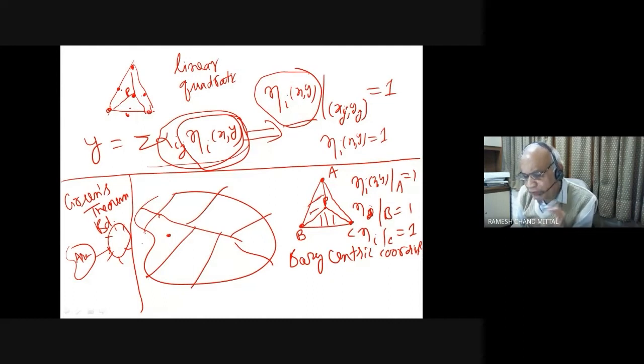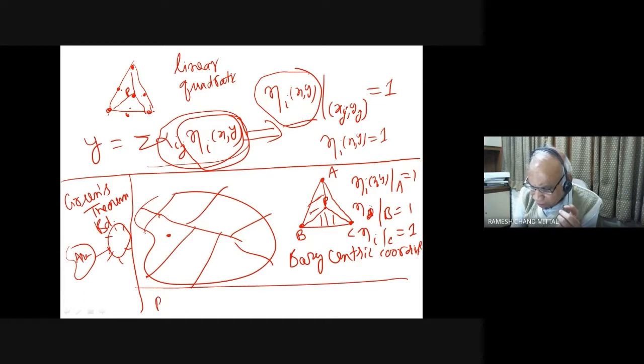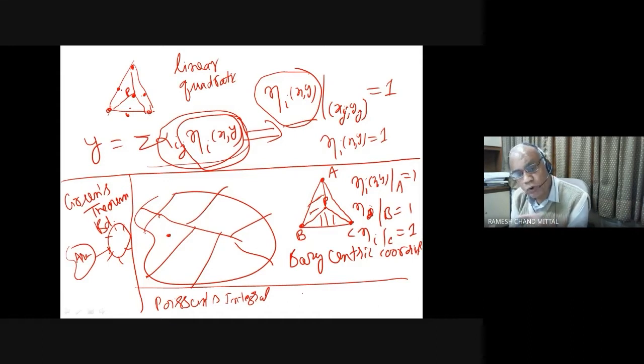To put my point precisely, I keep talking about the Poisson integral. This is a boundary element method for me. What the Poisson integral does is that the solution at a point inside a circle is obtained with the help of the value given on the boundary of the circle.